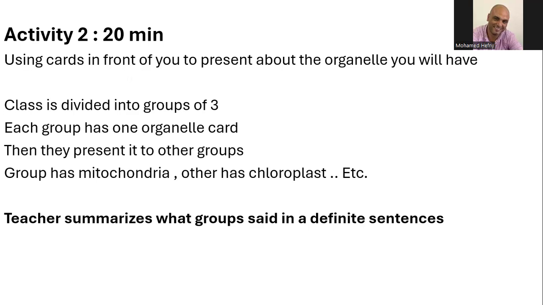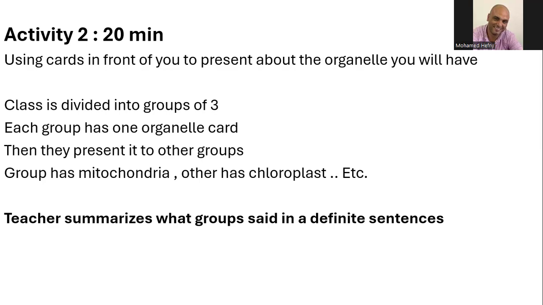The second activity is about 20 minutes, using cards. I will tell students to use the cards in front of them to present about the organelle they will have. Each card will have a specific part of the cell drawn and words written about the function of this organelle.